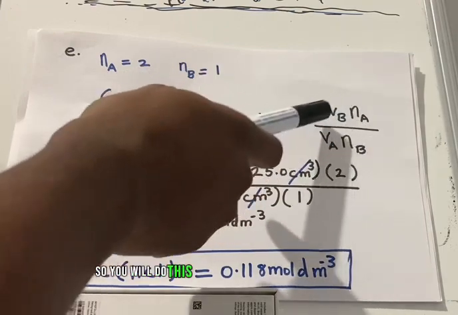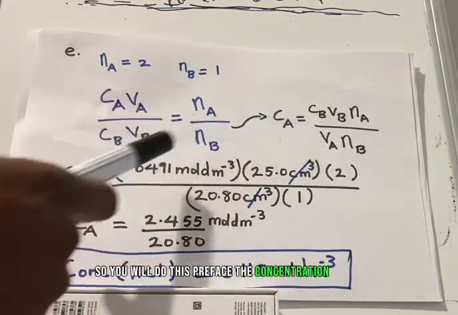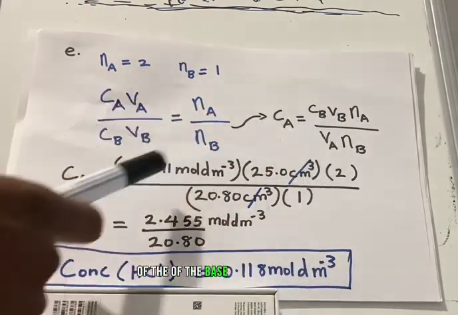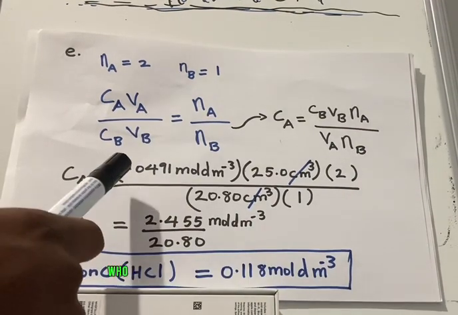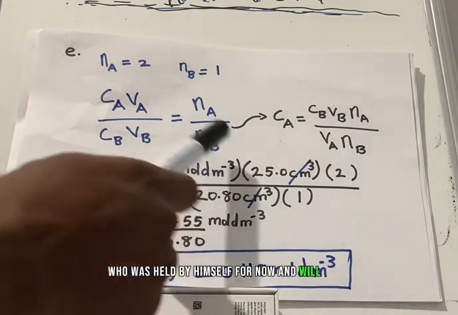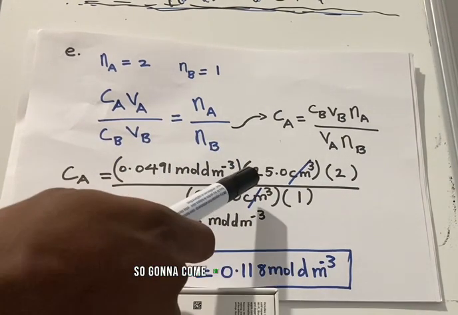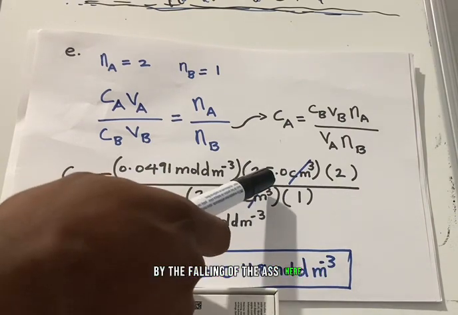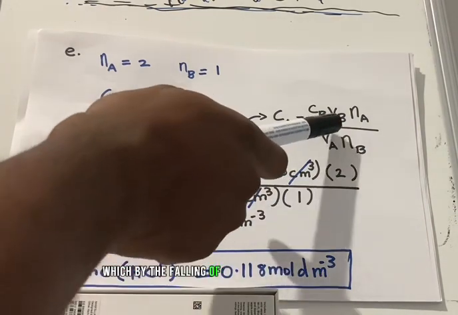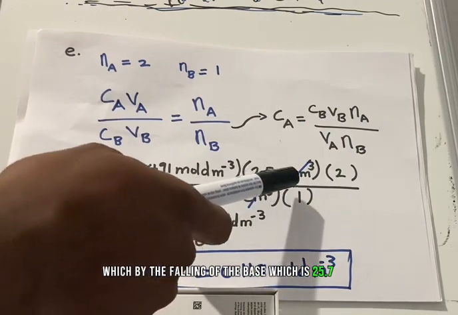So we do this. The concentration of the base that we solved previously using our molarity formula was 0.0491 mole per dm³. We're going to times it by the volume of the base, which is 25.0 cm³.